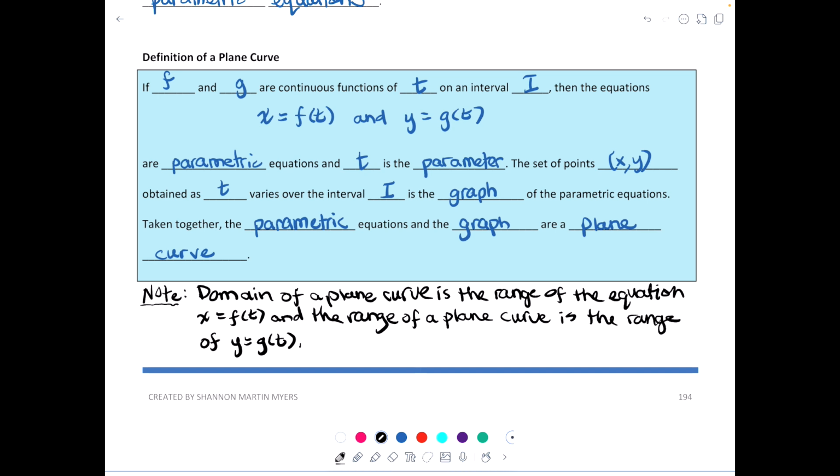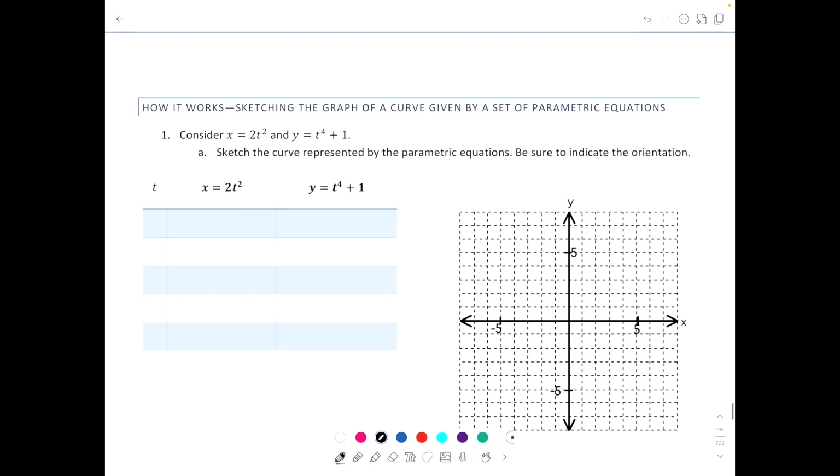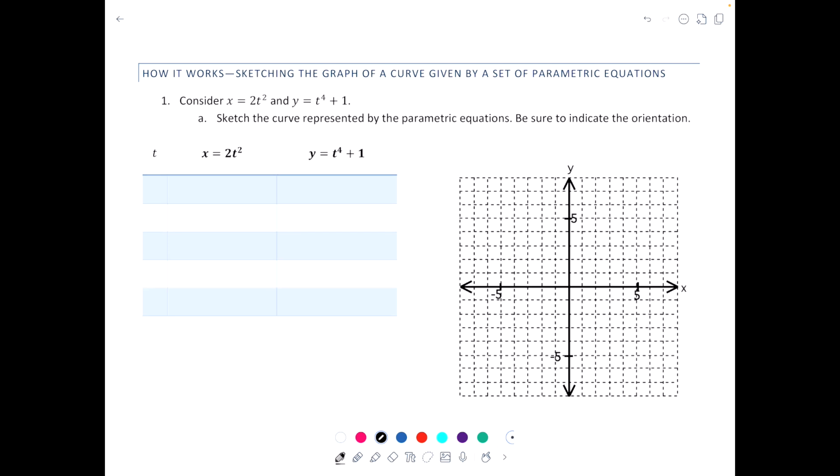All right, so let's take a look at an example. How it works: sketching the graph of a curve given by a set of parametric equations. So we've got x equals 2 times t squared and y equals t to the fourth plus 1. Typically t is over time, so we'll start t at 0.